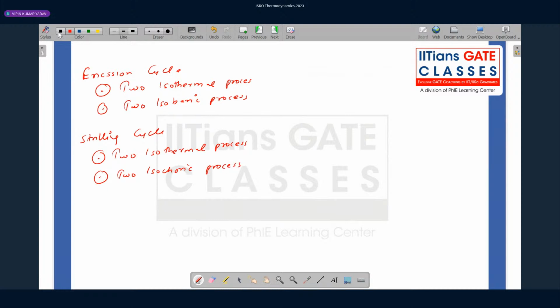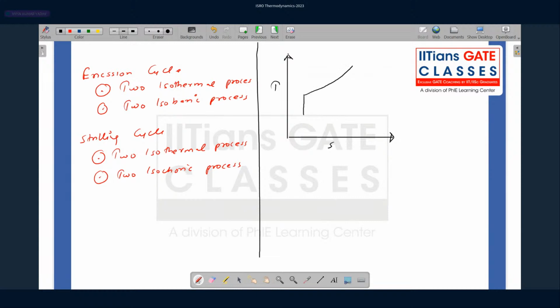Now, as I have already told you, how do you draw a gas turbine TS diagram? So a simple gas turbine TS diagram is basically like this. Okay, so this is your constant pressure heat addition.